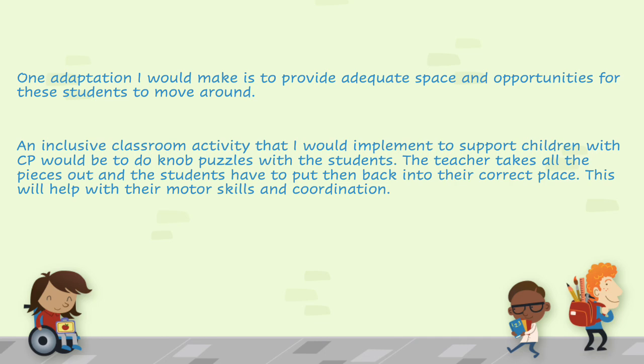An inclusive classroom activity that I would do to support children is to do knob puzzles, where the teacher takes all the pieces out of the puzzle and the students have to put them back into their correct places. This will help with their motor skills and coordination.